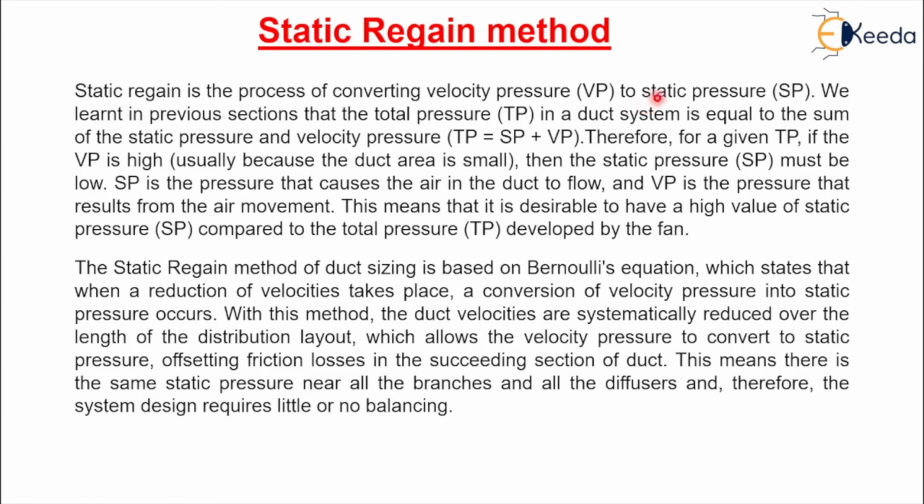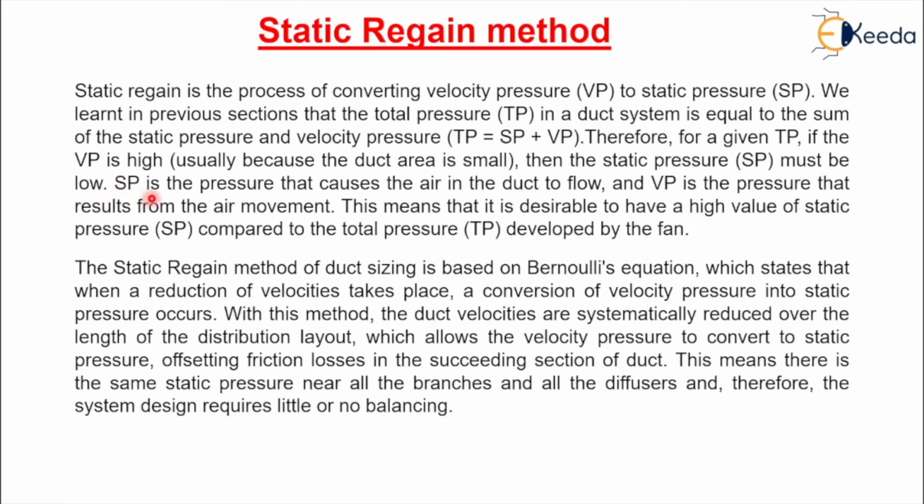You see here what I have written. We learned in the previous section that total pressure in a duct system is equal to the sum of the static pressure and velocity pressure. Therefore, for a given total pressure, if velocity pressure is high, then the static pressure must be low.